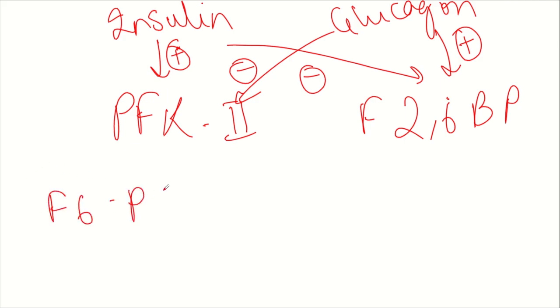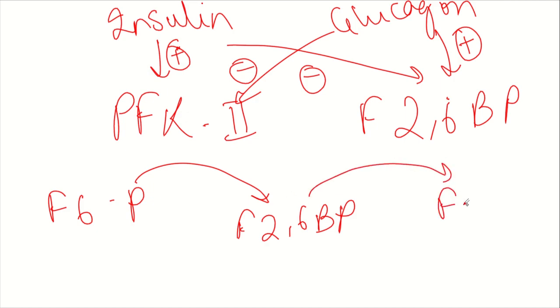Right. So we can see that fructose 6 phosphate gets converted into fructose 2,6 bisphosphate, and then again it gets converted to fructose 6 phosphate.